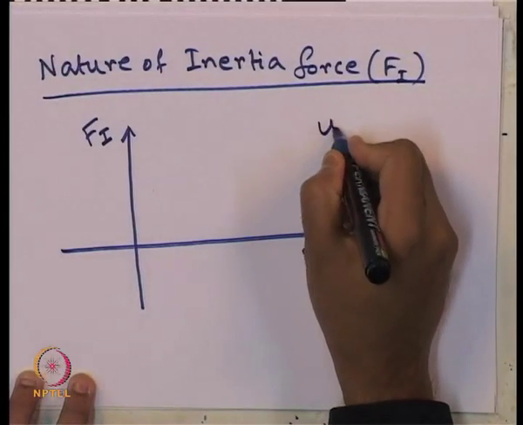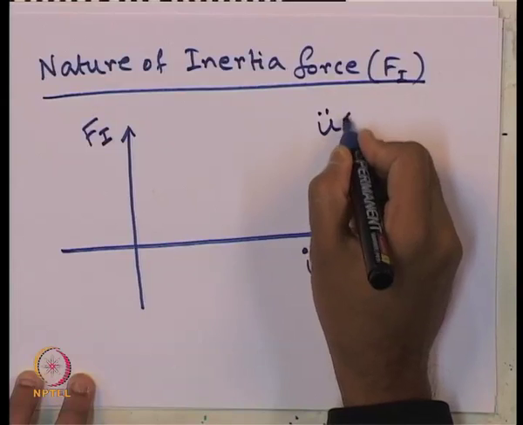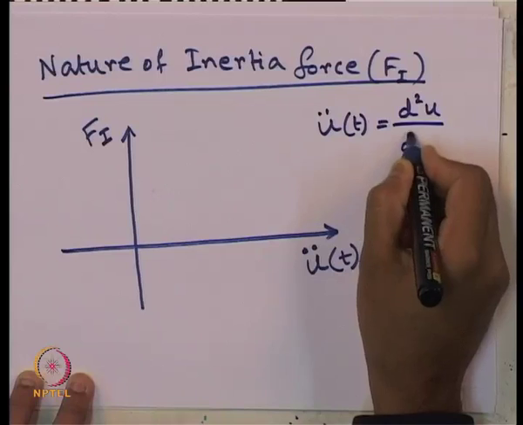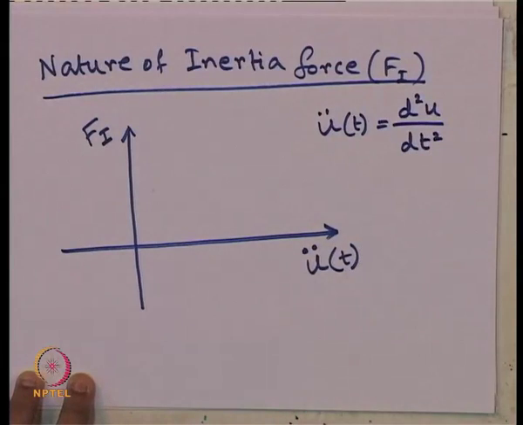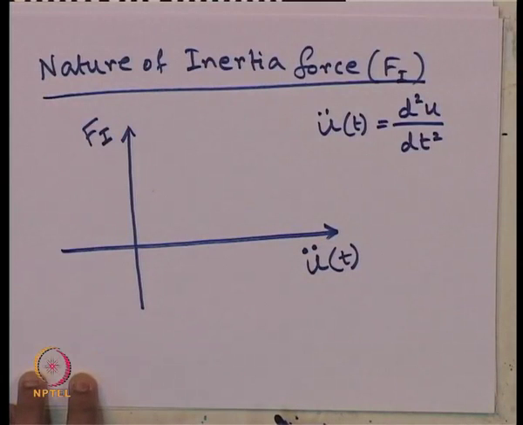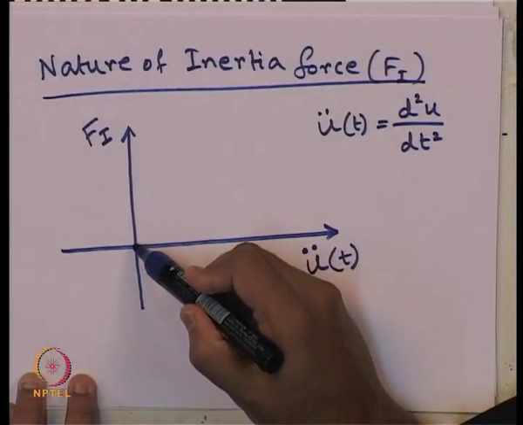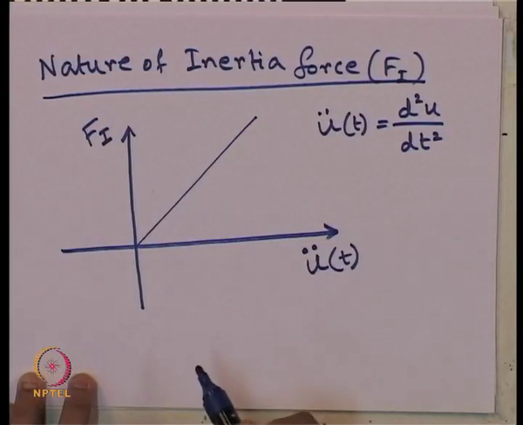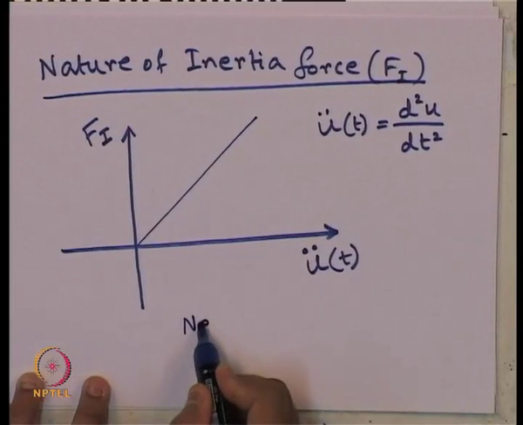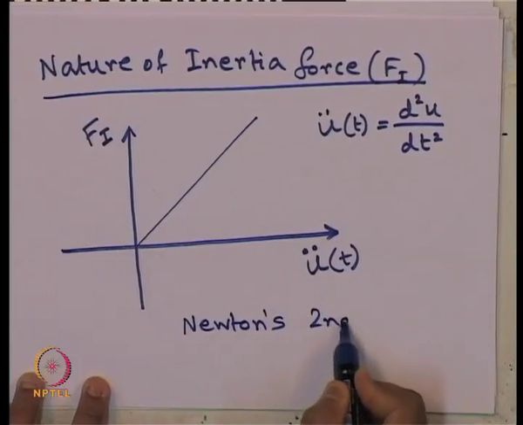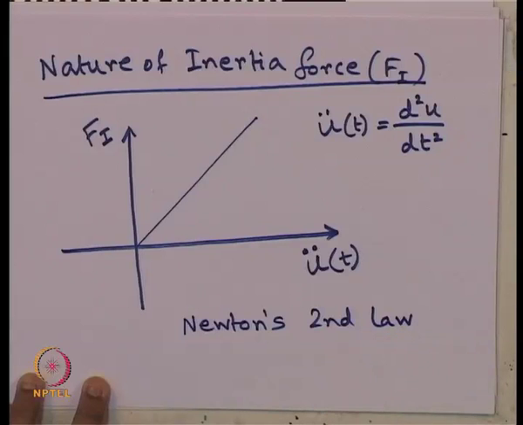In this case, as I have already mentioned, u double dot is nothing but d2u by dt square, the second differential of the displacement with respect to time. Now, we can assume a variation like this, which comes from Newton's second law of motion.